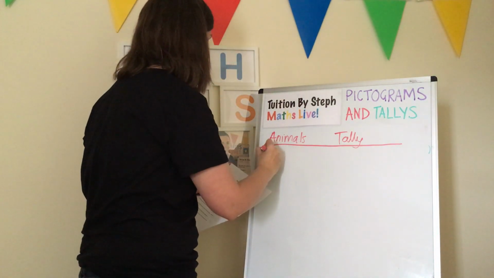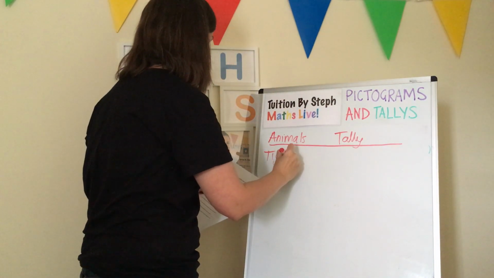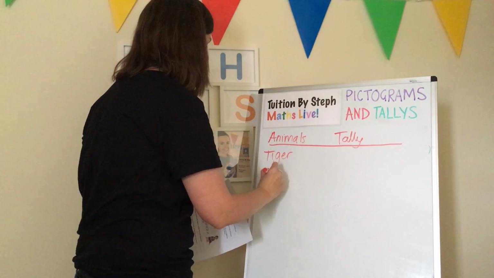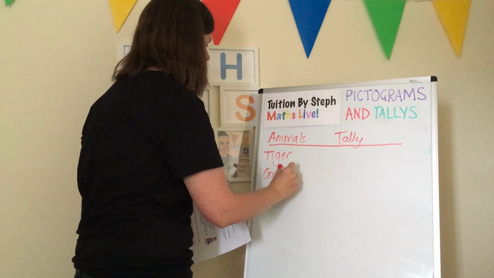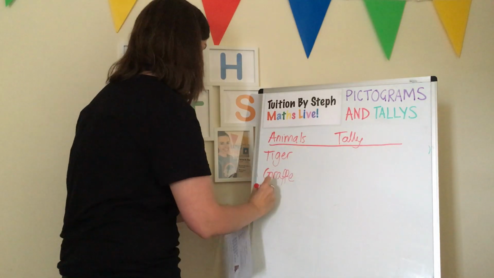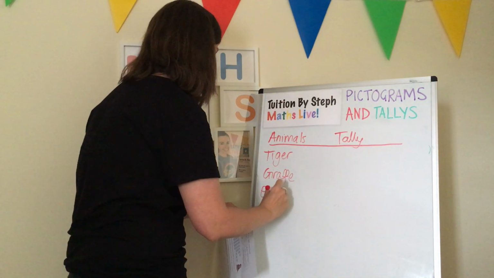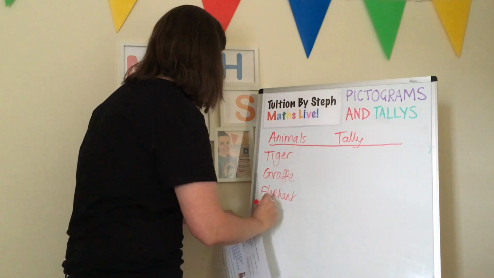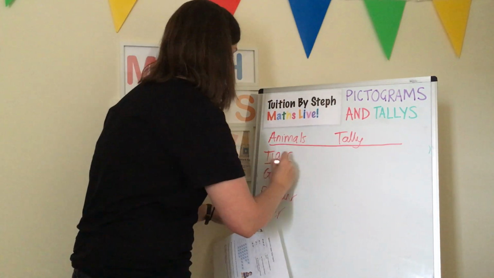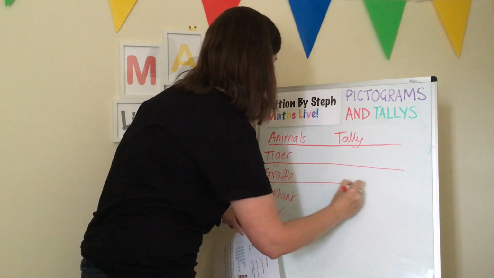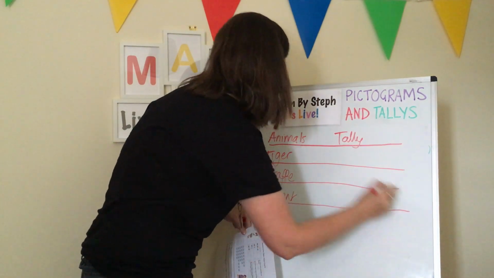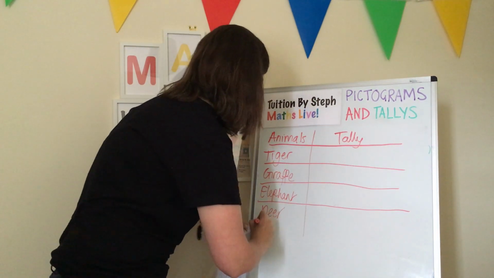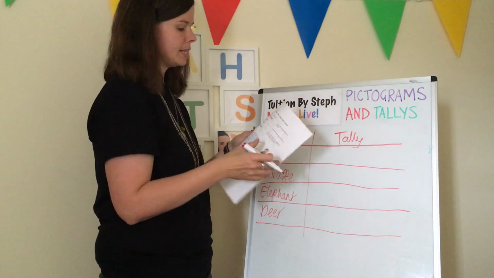So we have a tiger. We have a giraffe, my favourite animal. We have an elephant. And we have a deer. Again, I'm not being the neatest. Right, and here's the tally.